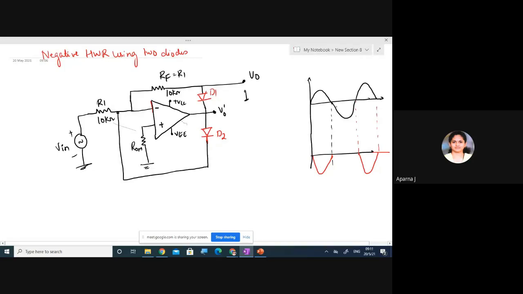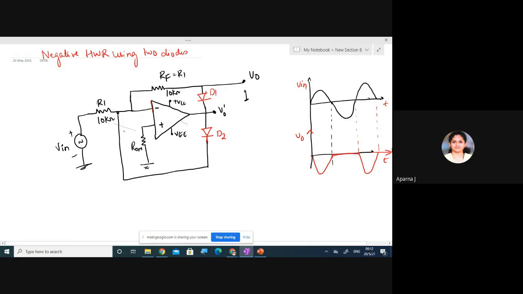And for negative cycle, the output will be 0. So this is the output waveform for this circuit. So this is V in and this is V out. Now let us see how it works.